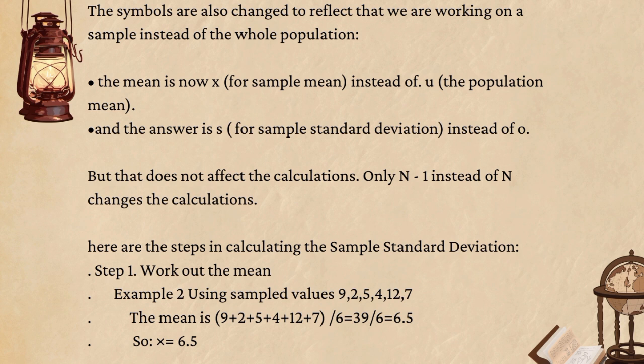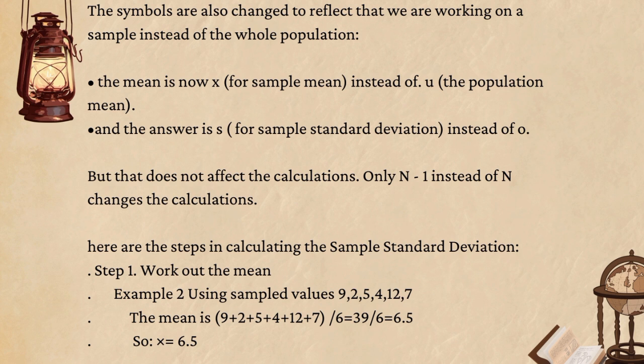The mean is now x̄ for sample mean instead of yung parang μ, the population mean, and the answer is s for sample standard deviation instead of yung parang σ sa standard deviation. But that does not affect the calculations. Only n minus 1 instead of n changes the calculation.